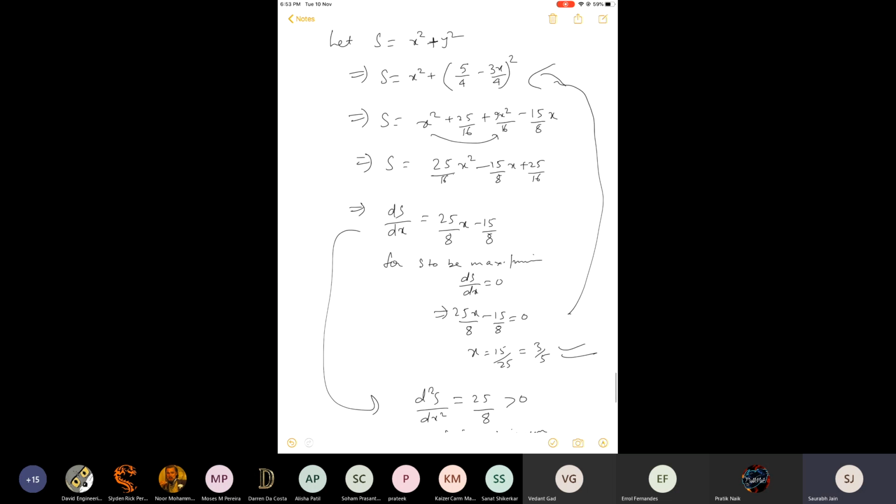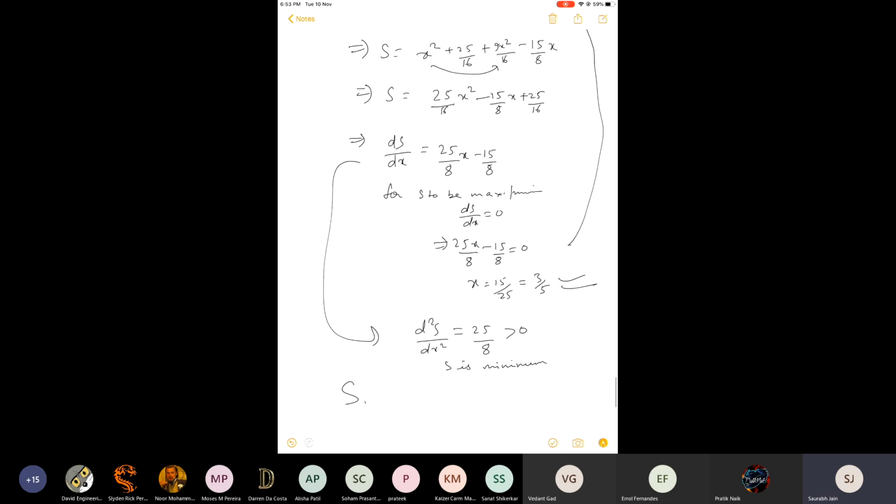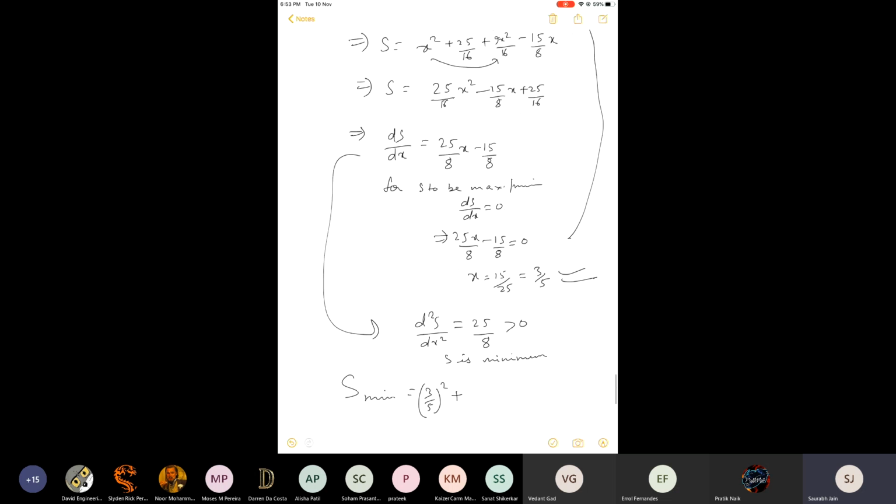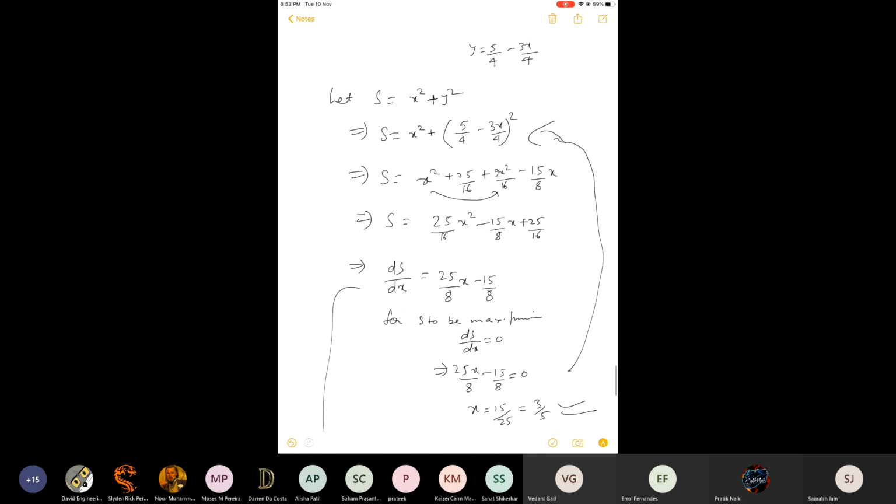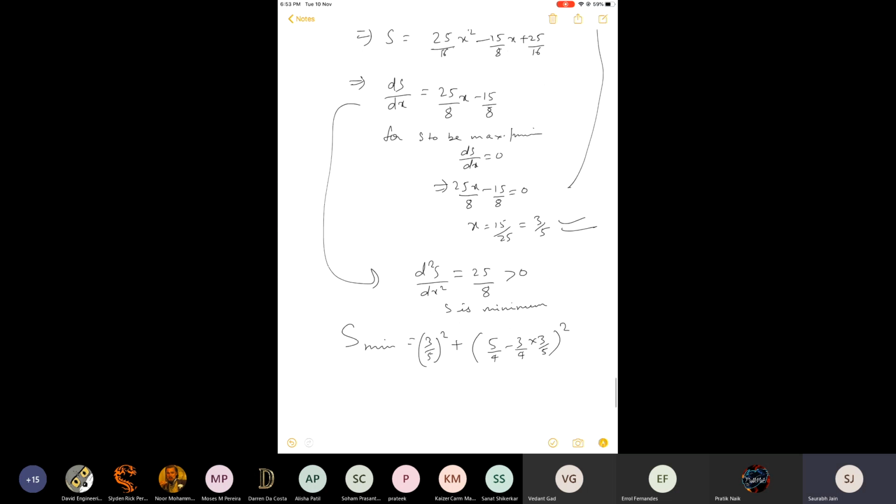So let us put this value here finally. S minimum is x square, that is 3 by 5 whole square, plus 5 by 4 minus 3 by 4 x, whole square. So this is how much? This is 9 by 25.